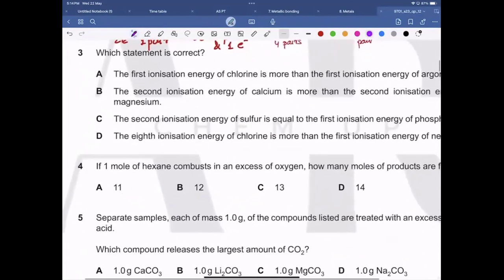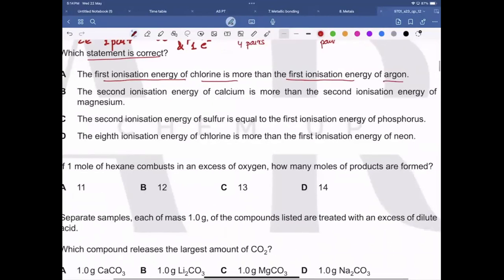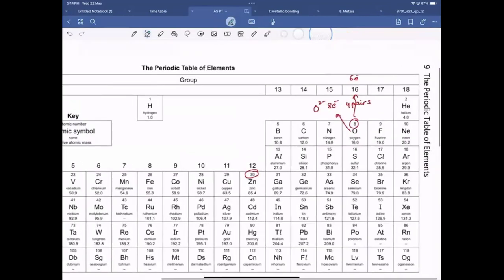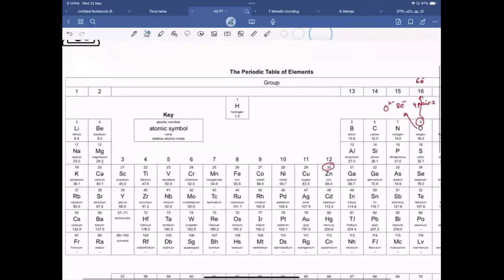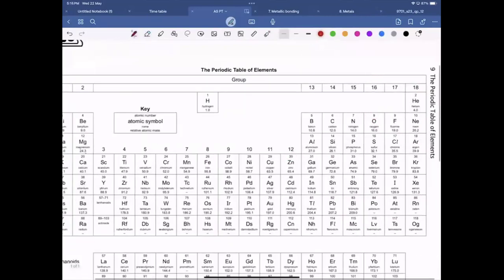Okay. Now question number 3. Which statement is correct? The first ionization energy of chlorine is more than the first ionization energy of argon. Let's have a look at the periodic table. We know about ionization energies, if you recall, let me write over here.